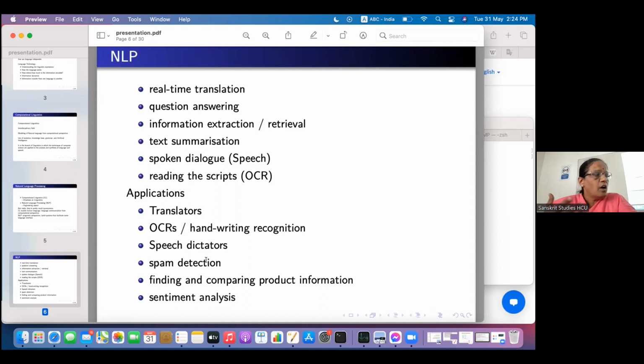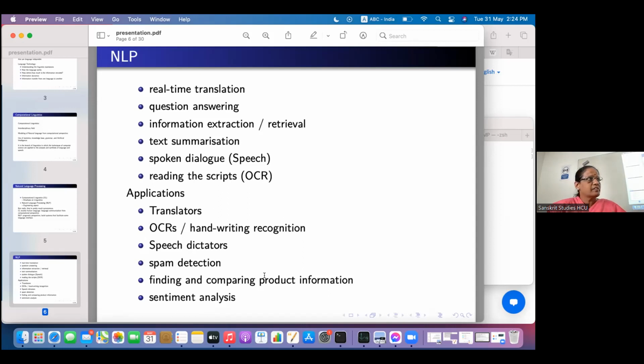All these are applications of various natural language processing systems, and even sentiment analysis and finding and comparing product information, as we see when we use Google or Facebook or whatever. There are advertisements which get tuned to whatever work we are doing.